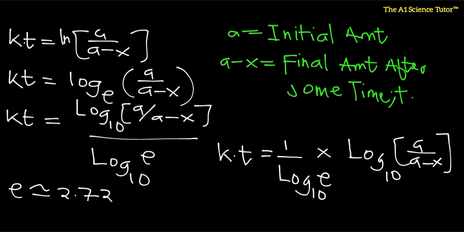So this is what we have. Now if you took this and plugged it into your calculator, this should basically give you 2.303. So we need to write that there.